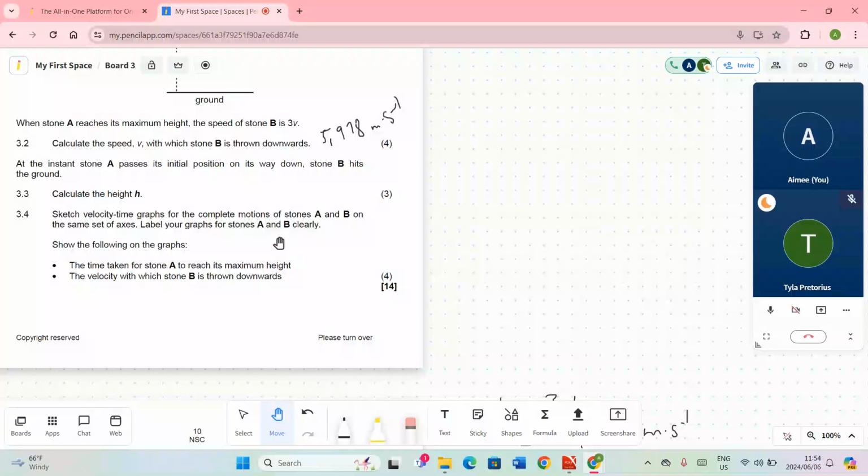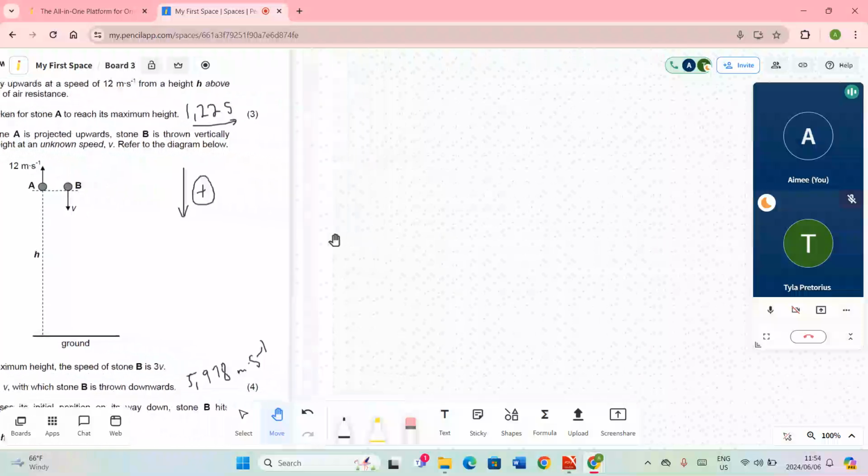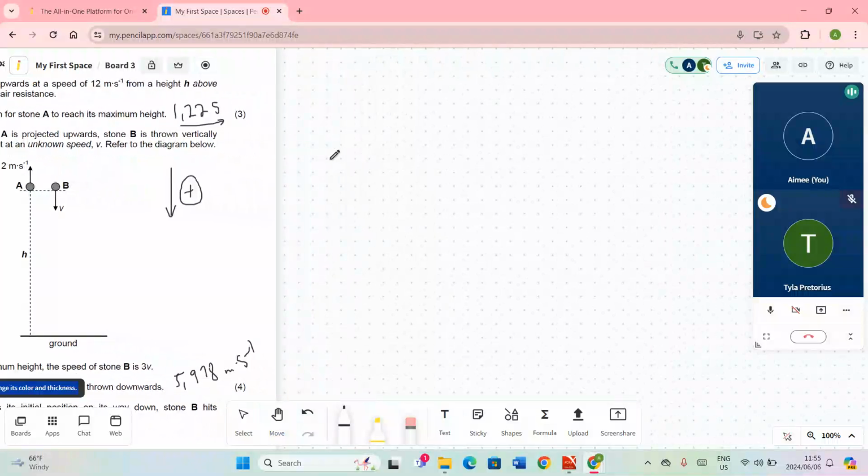Okay. So something that's important to remember is that if we draw out the motion of stone A, they say that stone A is projected up into the air and then it comes back, and just read the question quickly.